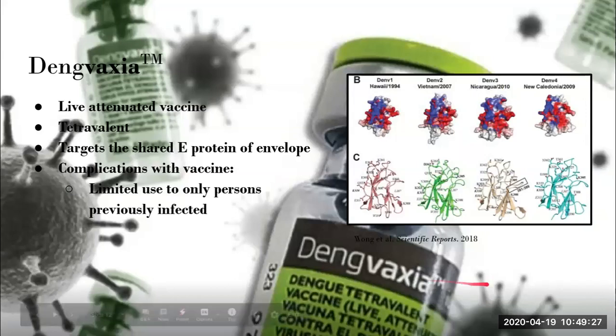So this is just some structural data showing what these E proteins look like between the different serotypes. The numbers aren't important. What's maybe more important is looking at the heat maps of the polarity. The red's probably negative, it's usually negative charges depicted with red, and blue is positive. And we can see that they're not perfect. They do follow a similar trend, but they are not 100% perfect.